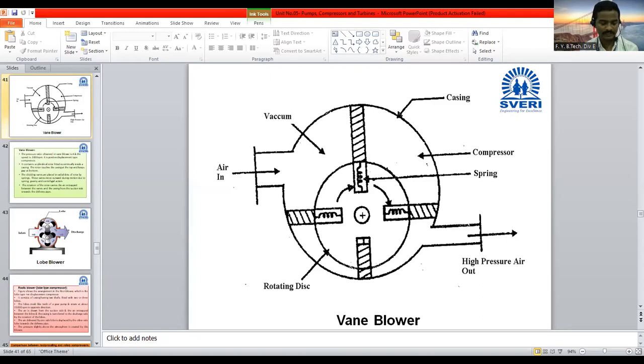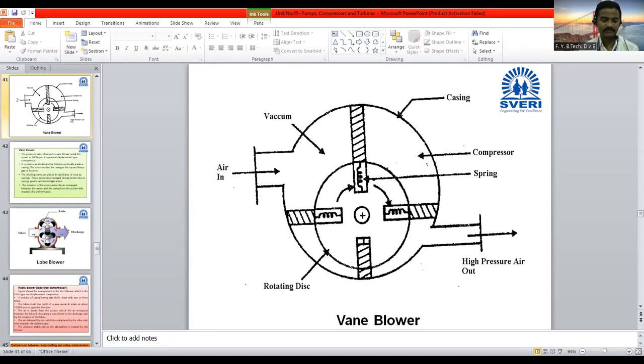Comma, because of this movement of vanes towards the center of the disc, comma, the volume of the air between vanes decreases. कारण डिस्क इसेंट्रिकली मूव्ह होते, त्यामुळे इथलं बरोबर व्हॉल्यूम कमी होतं आणि त्यामुळे प्रेशर वाढतं.